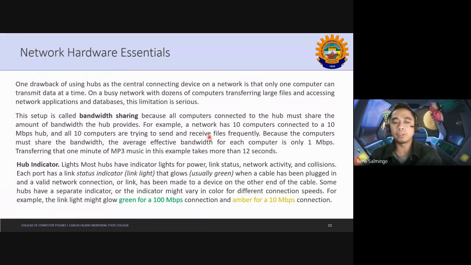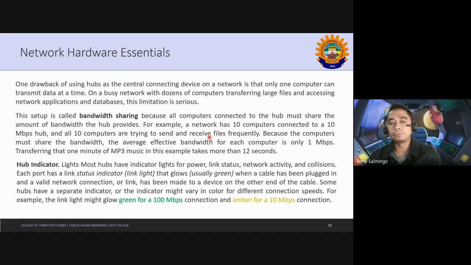Because the computers must share the bandwidth, the average bandwidth for each is only 1 megabit per second. That's why transferring a 1 minute MP3 takes more than 12 seconds if you have 10 computers, because it's going to divide among all the components. That's why using a hub will take time.